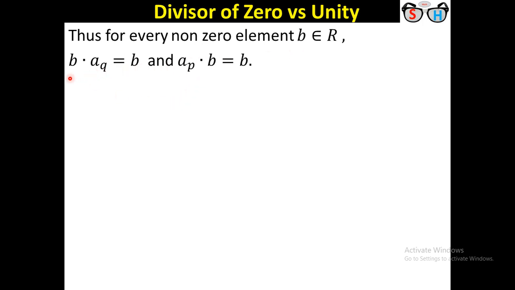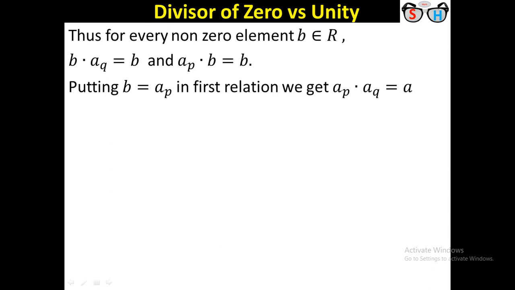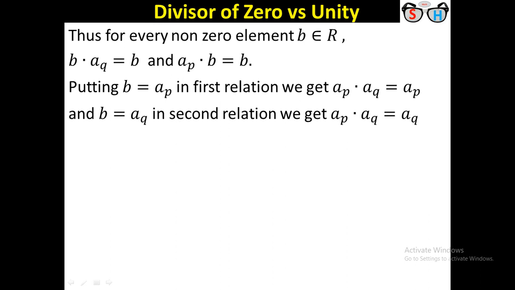Putting B equal to FE in the first relation, we get FE·AQ equal to FE. Similarly, if you put AQ in the place of B, then FE·AQ is equal to AQ.